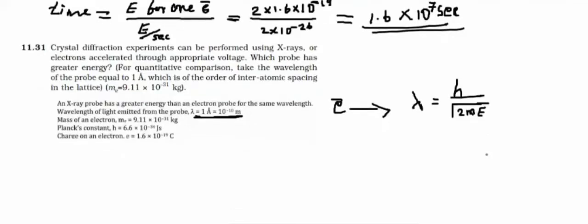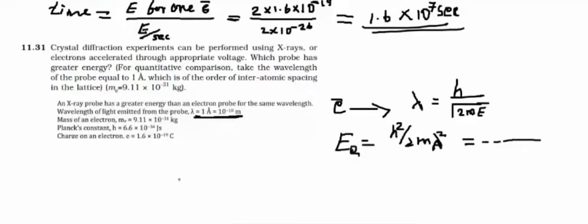So from this you can calculate the value of energy. Energy is equal to h square divided by 2m lambda square. Lambda you have to take as 1 angstrom. Substitute the values and find the answer for the case of electron.